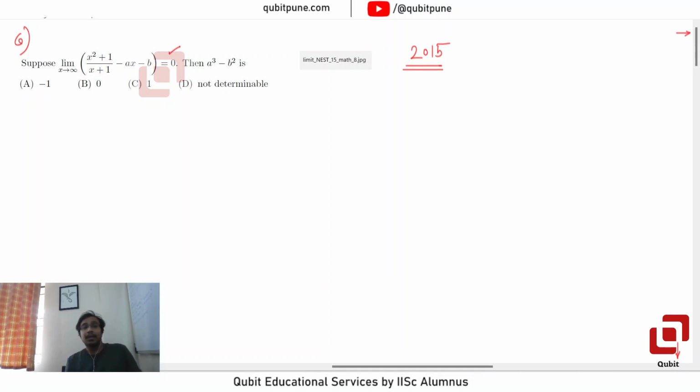Now, one key point which you should take away is the limit exists, which means if by some means we could write it in polynomial by polynomial form, we can apply the rule. So let's go for it.